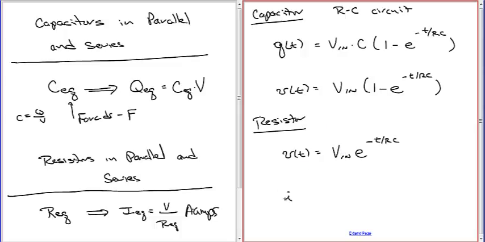And then we have the current as a function of time. Current is voltage divided by resistance. So we just have to divide that by R. So those are the four equations that define the voltage across each element and the charge across each element.